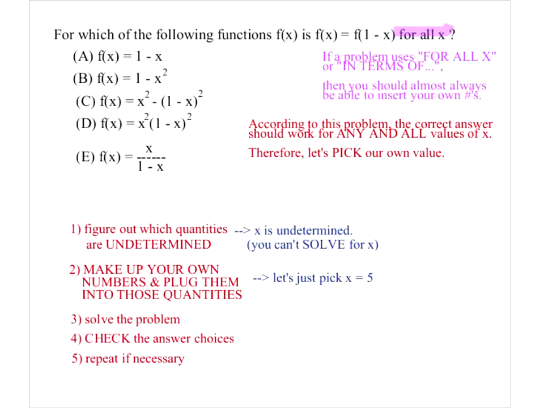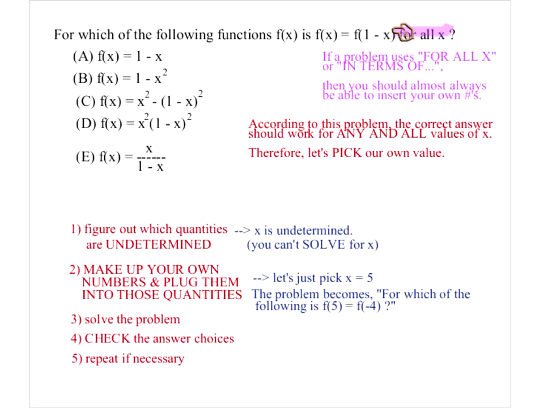So now notice the problem becomes: for which of the following functions is f of 5 equal to f of -4? Because if x is 5, that's what this winds up saying. It says that f of 5 has to equal f of -4.